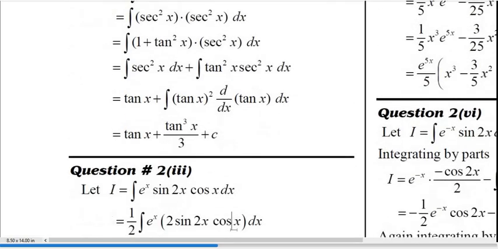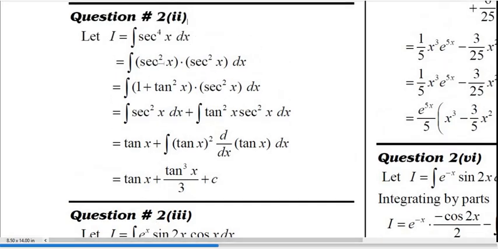Next, part number 2, which is secant power 4. We can write secant power 4 as secant square theta into secant square theta. In the place of secant square theta, we use the identity, which is 1 plus tan square, sorry, not theta, here it is x. Secant square x is 1 plus tan square x into secant square x d of x. Taking the integral on each term, secant square x multiplied by 1 is secant square x, integration of secant square x d of x plus integration of tan square x into secant square x d of x.